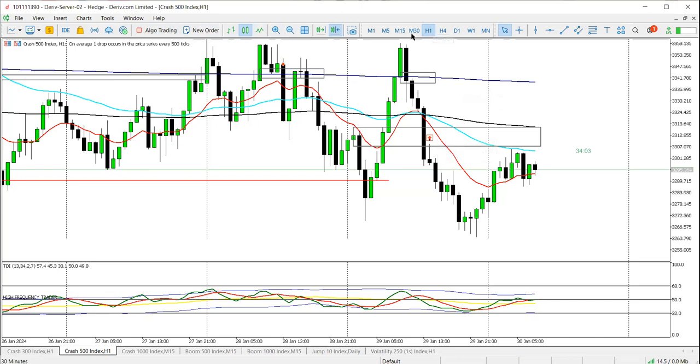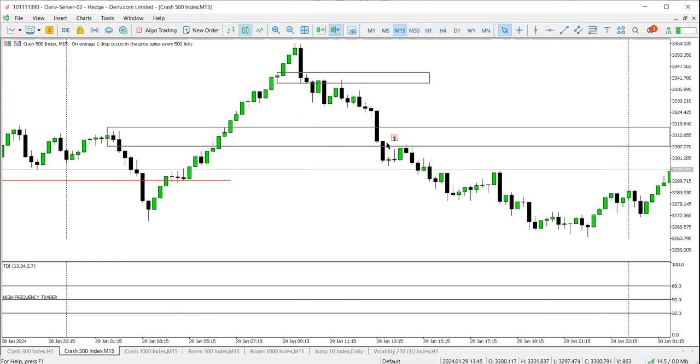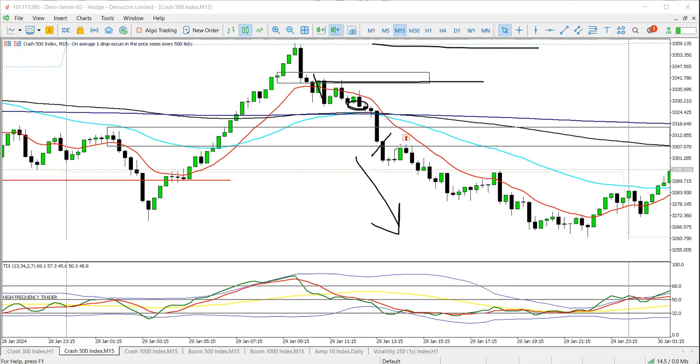So if we drop down to M15 just to see how the candles were looking or where the entry would have been, you will notice that we allowed price to drop. I think when we had the Zoom, price was somewhere here, and we were anticipating them to come back either here, here, or wait for them to break, showing us that they want to come down.